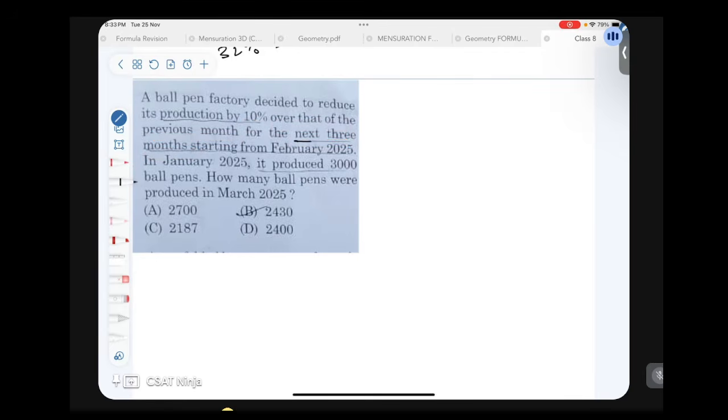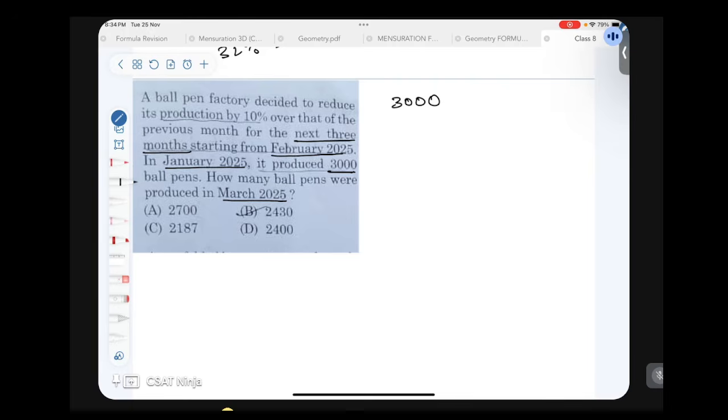From Feb 2025, in Jan 2025, it produced 3,000 ball pens. Every month, 10% is reduced. How many ball pens were produced in the month of March 2025?